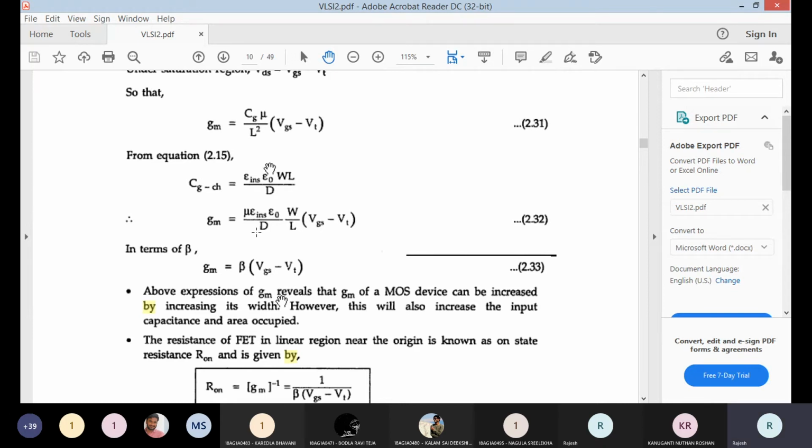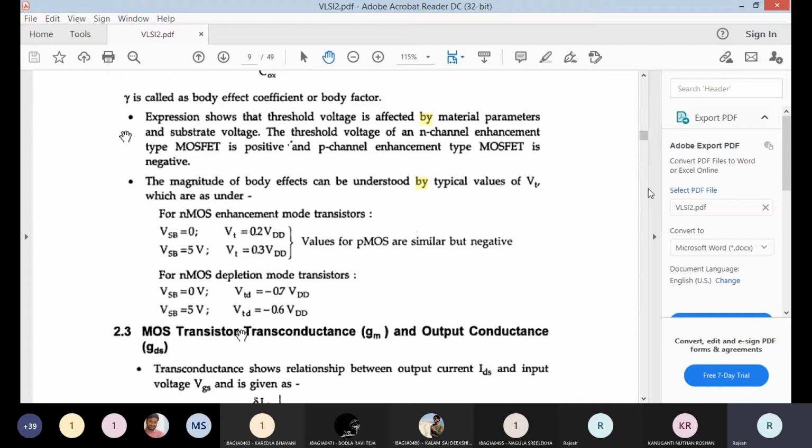GM, we are just starting with GM as dou IDS by dou VGS, the rate of change of output current with respect to input voltage. Taking your current equation and doing partial differentiation, you get one more analysis that we have substituted here.